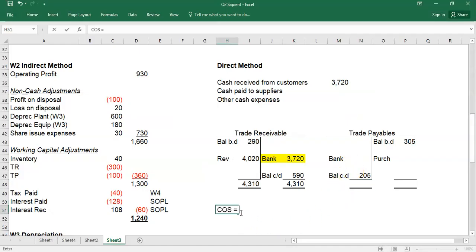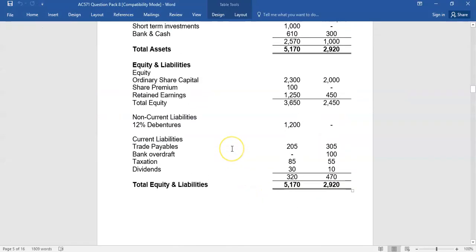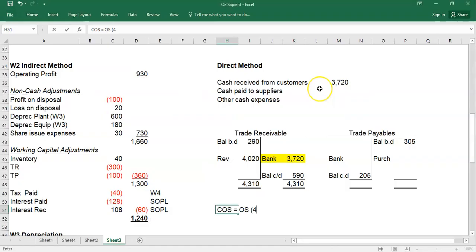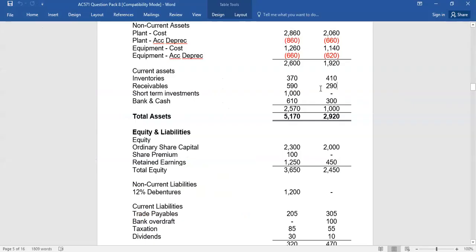Cost of sales equals opening stock, which we know from the question is 410. Plus purchases, we know that's going to be X. And minus closing stock, which we know is 370.